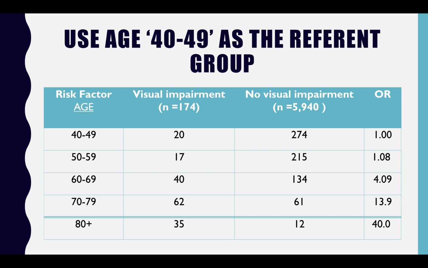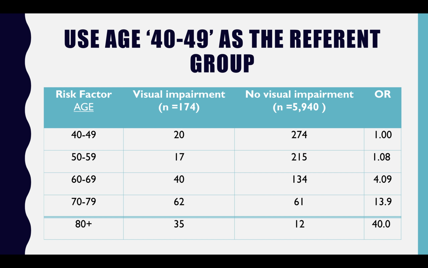You might see this sometimes in epidemiology literature, an odds ratio of 1 in this top row. What that's really saying is that it's comparing the 40 to 49-year-old group with itself. And in comparing that group to itself, we're always going to get an odds ratio of 1.